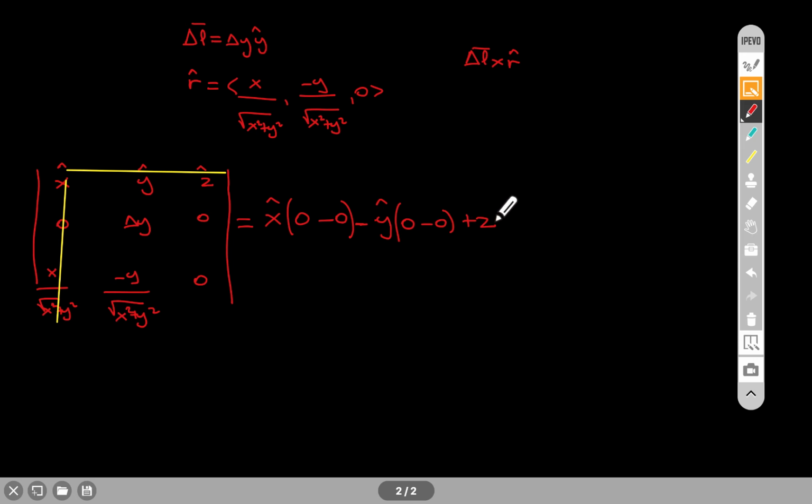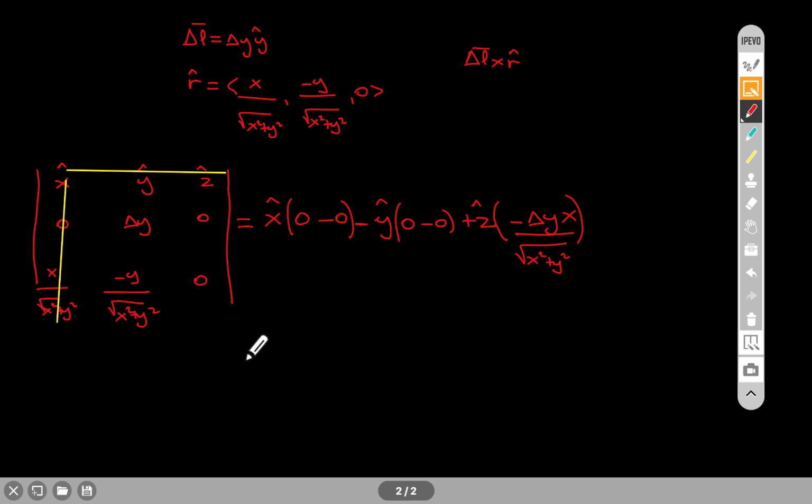plus z hat. So I guess I'm gonna do all of the three components. And for z hat, I will have 0 times this, which will give me 0, minus, this is the result, 0 minus delta y times x divided by the square root of x squared plus y squared.